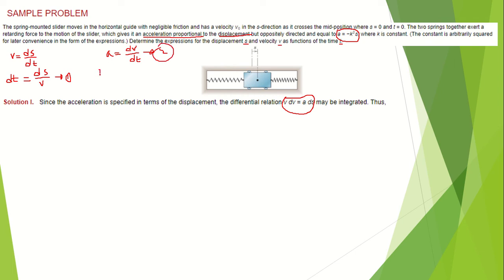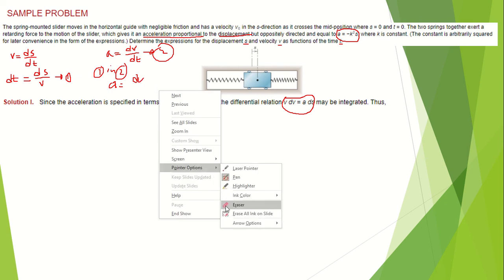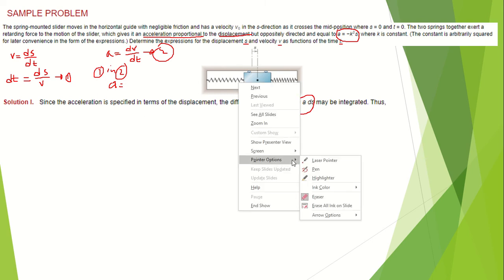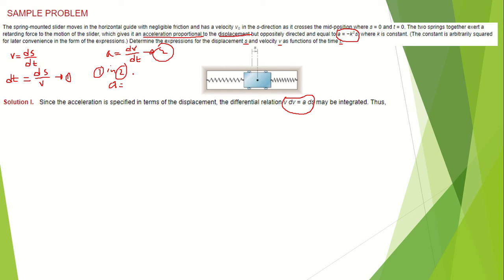If you substitute 1 in 2, we will have a equal to dv over dt, where dt is equal to ds over v. So a equals dv over ds over v.